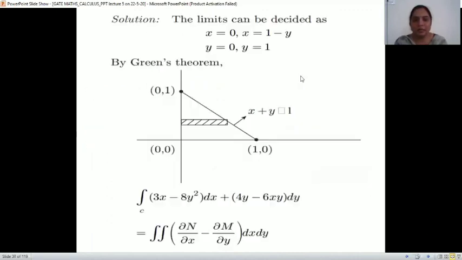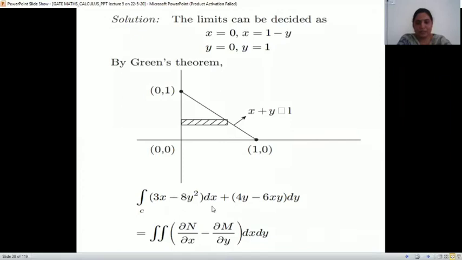The limits can be: this is the line y-axis, this is x is 0, this line is y is 0, and this line is x plus y is equal to 1. To decide the limits, we draw a strip either parallel to x or parallel to y, and we get the limits.